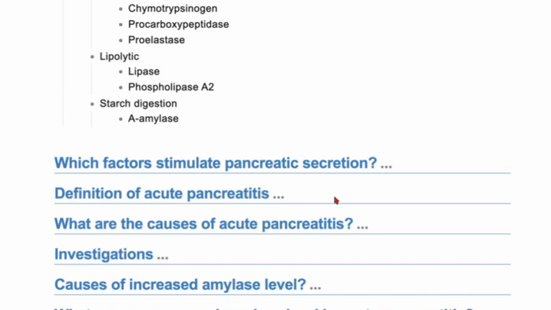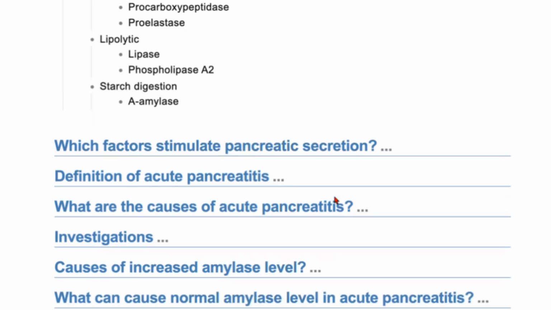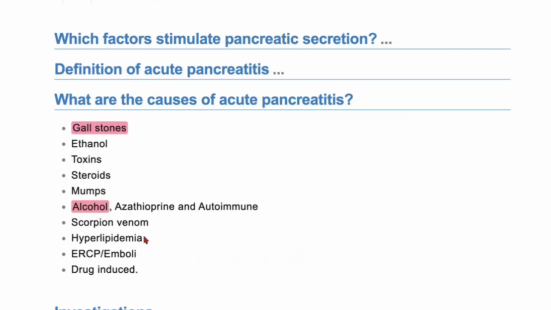What are the causes of acute pancreatitis? The main predominant one is gallstone pancreatitis. Other factors would be alcohol, idiopathic causes, and drugs including thiazide diuretics. Less common causes would be ERCP, scorpion venom, and high circulating free fatty acids or hyperlipidemia.